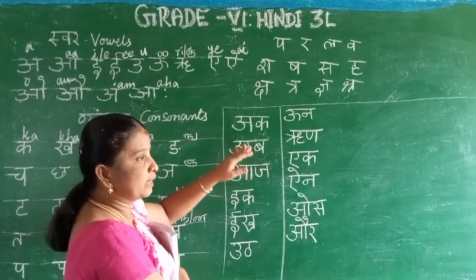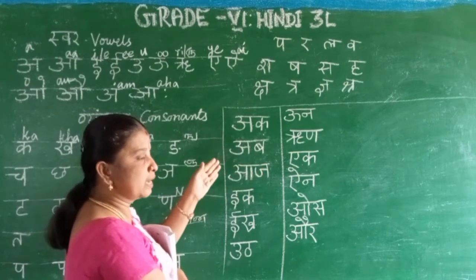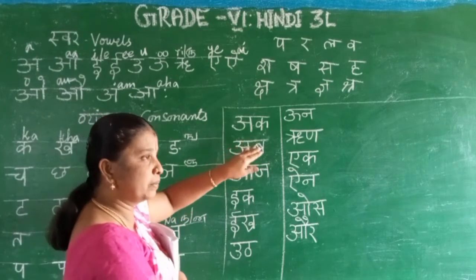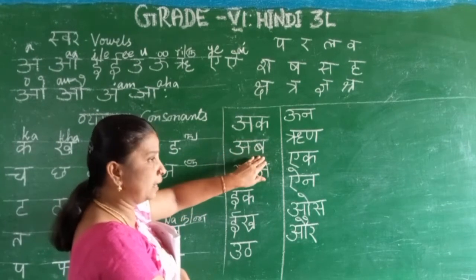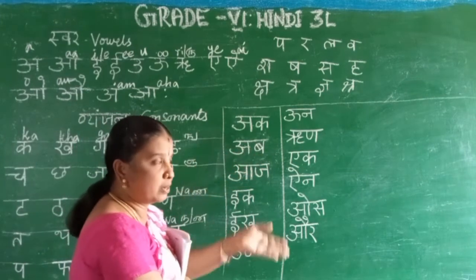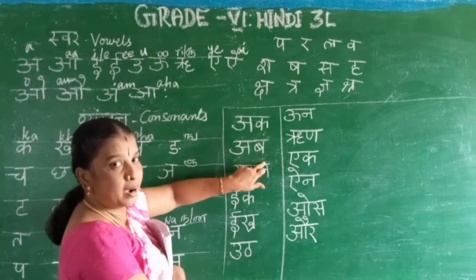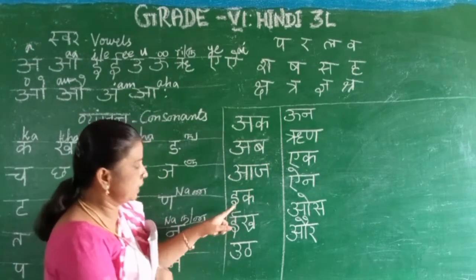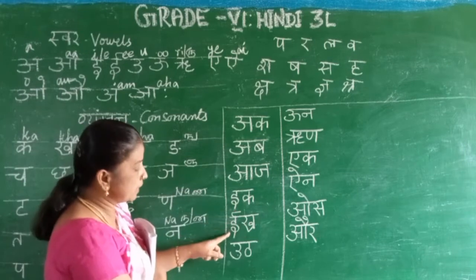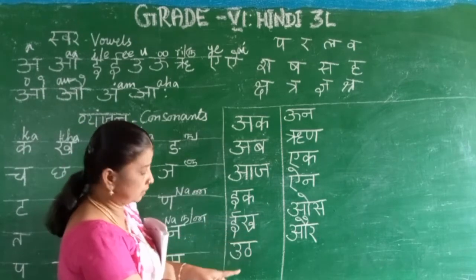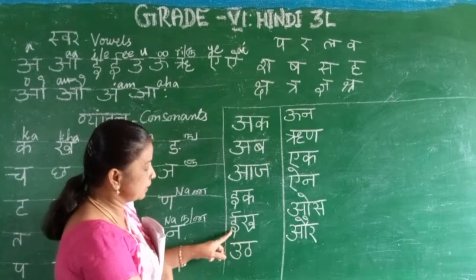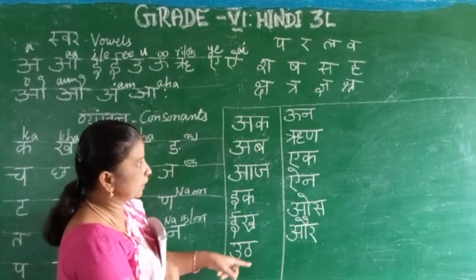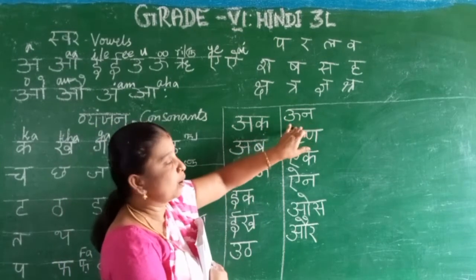When you start reading, you say the full sound, then say it along with the two-letter word. Make the second letter a semi-consonant sound. A, ba, ab, a, ja, aj, i, ka, ik. This is the ka sound. I, ka, ik. U, ta, ut. U, na, un.